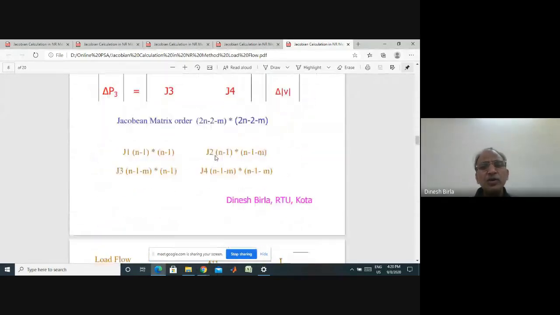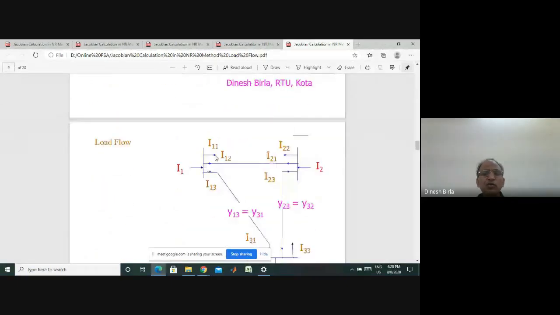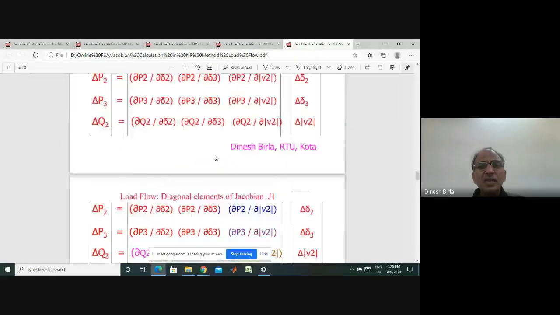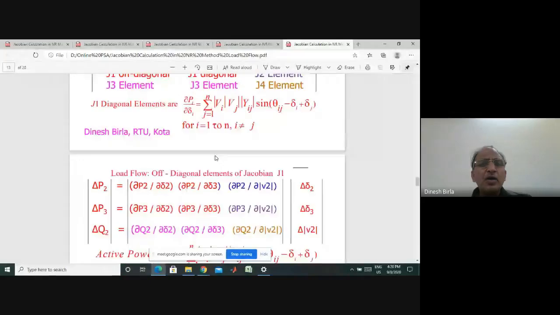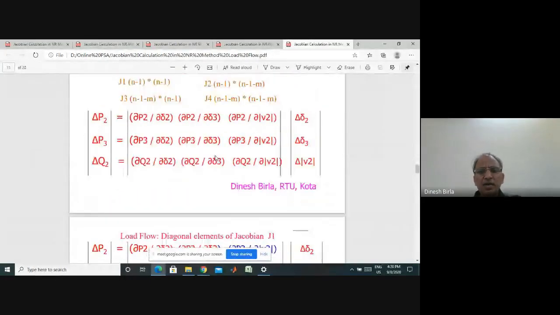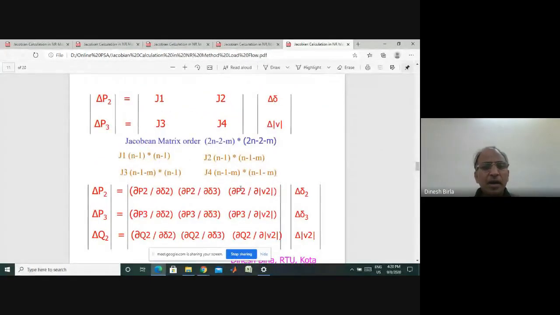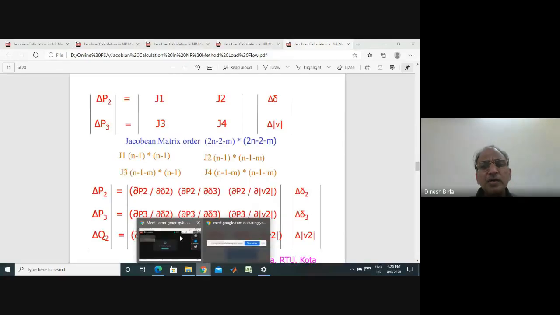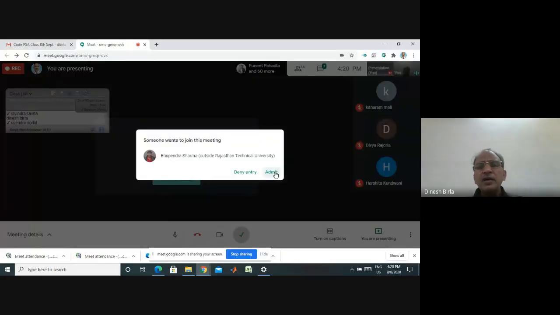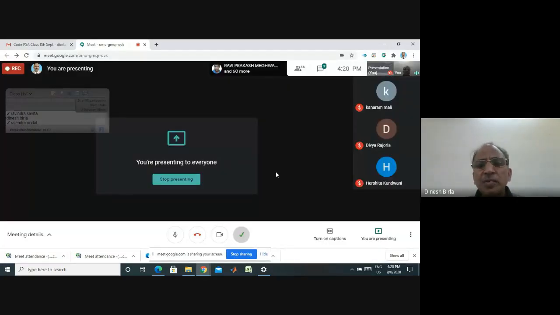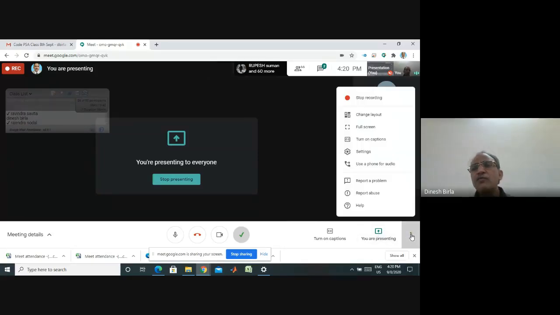I know it was quite complex and complicated, but still we have reached the Jacobian constitution. In the next class, we will study the calculation of Jacobian elements. So just read from the book. I'm sure you can get a bit, and we will be able to discuss many things in the next class. So now I'm winding up the class and stopping.